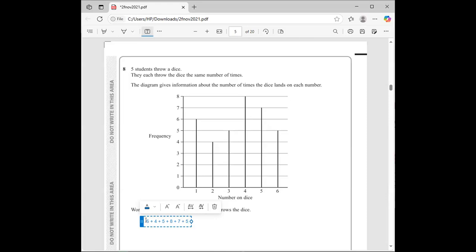So, and all this will be equal to, sorry, I meant to say, okay. So what would that sum up to? 6 plus 4 is 10. 10 plus 5 is 15. 15 plus 8 is 23. 23 plus 7 is 30. 30 plus 5 is 35. Okay. So did you get that? Yeah.